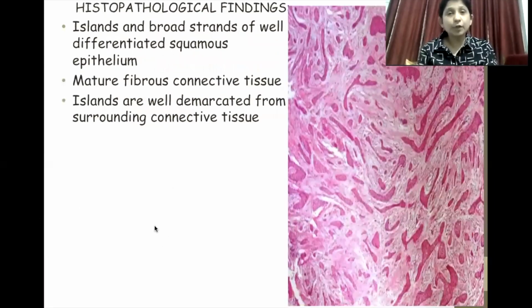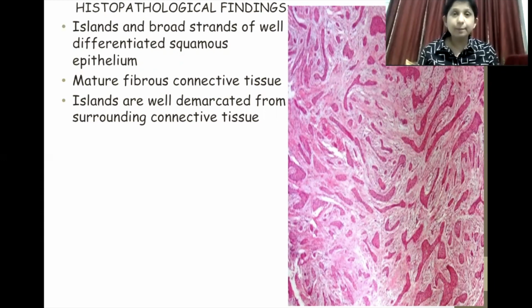Now, coming on to histopathology, it is very important. From the picture, you can see that there are many tiny islands of squamous cells interspersed in a very fibrous, mature stroma. There are two points one has to understand here. First, the stroma is very fibrous and mature, which clearly means that there is no primitive mesenchyme or primitive ectomesenchyme involved in this particular tumor, which again goes on to say that this tumor is purely epithelial in origin.